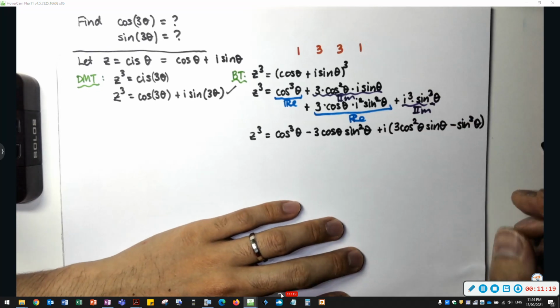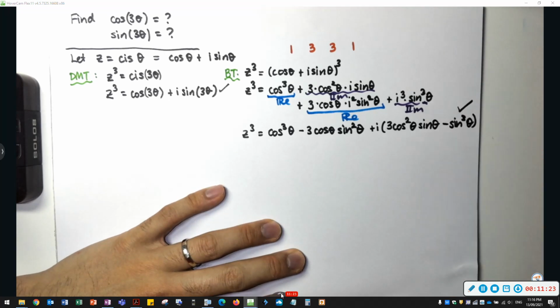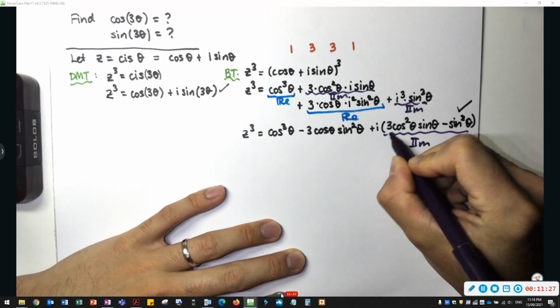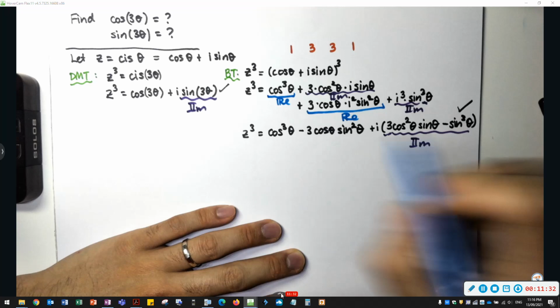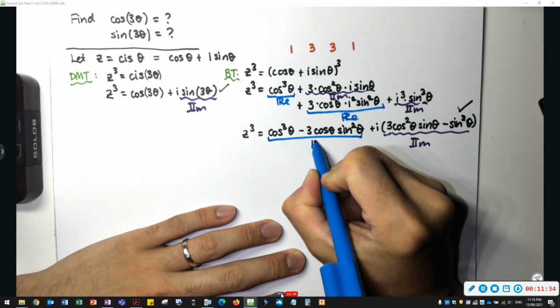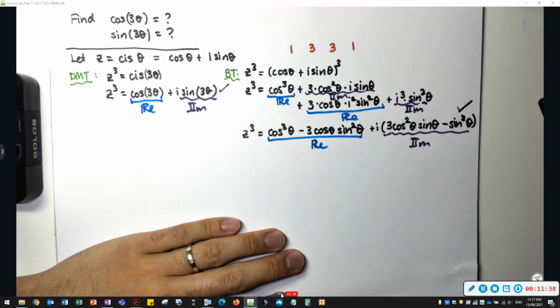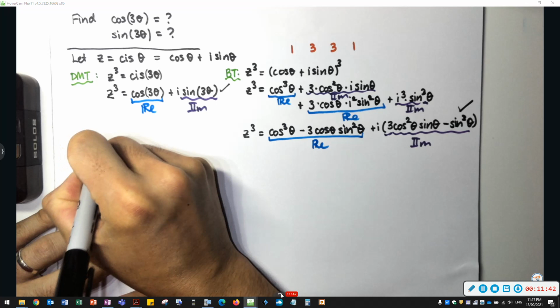All right, so overall we have, this is imaginary. Okay, this part over here is imaginary, and this part here is real, this part here is real. We're going to equate the components, so we should write equating components.